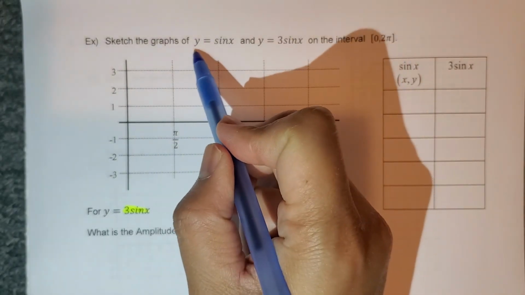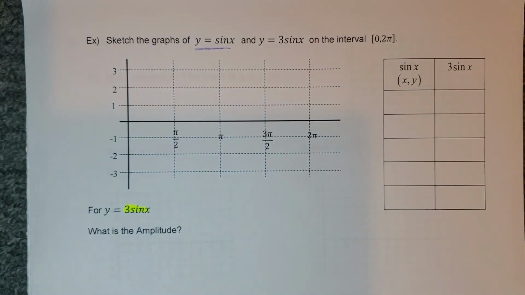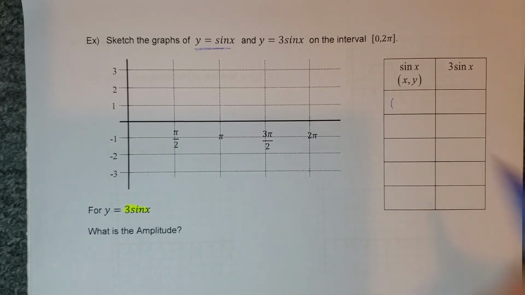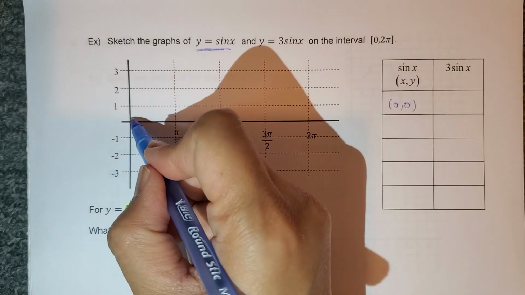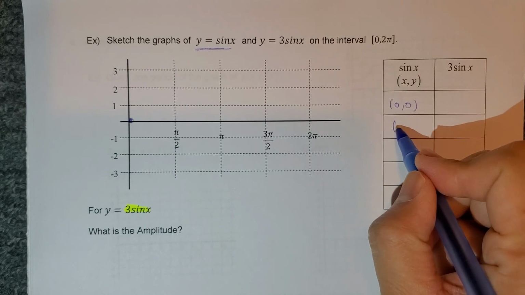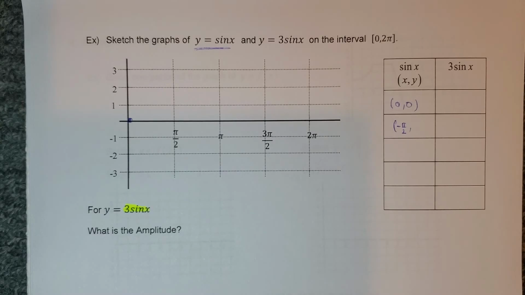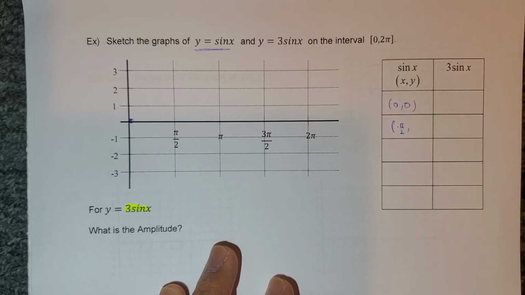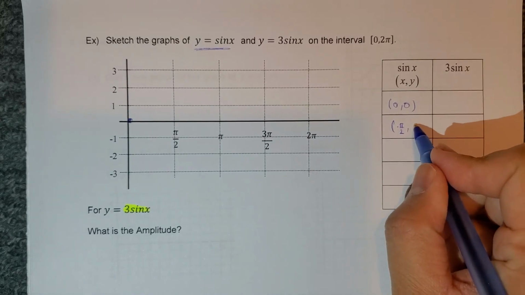As you know, for sine at 0, this is going to be 0, like we did earlier. And at pi over 2, sine pi over 2 is going to be 1, positive 1.